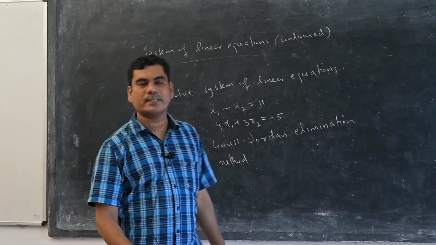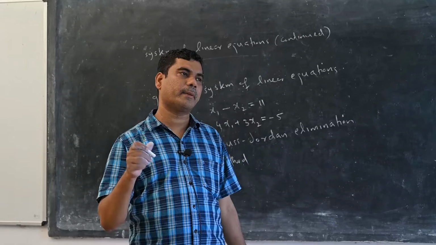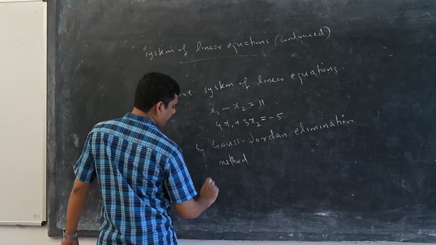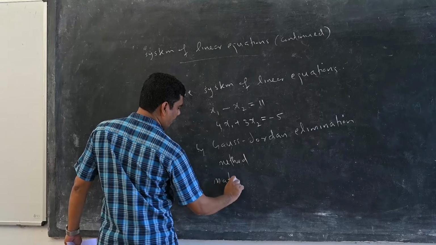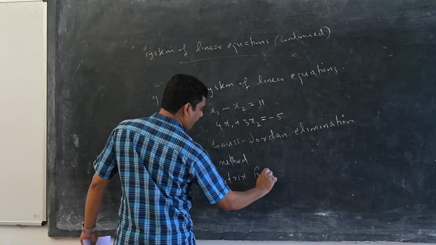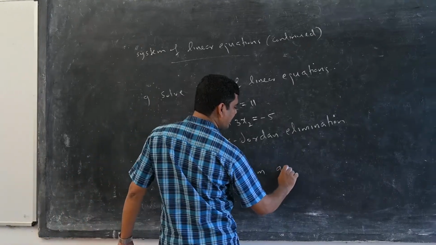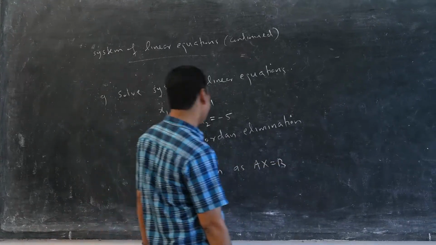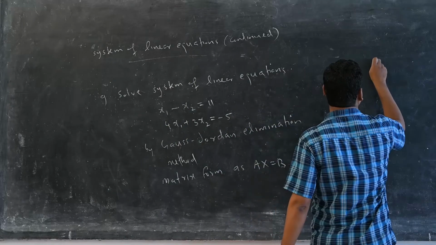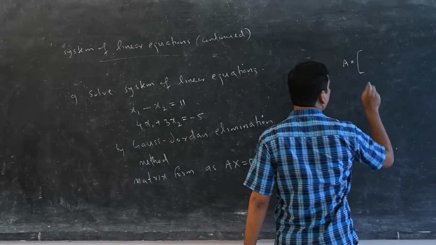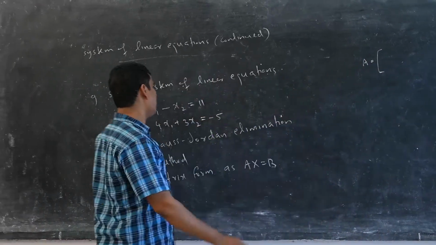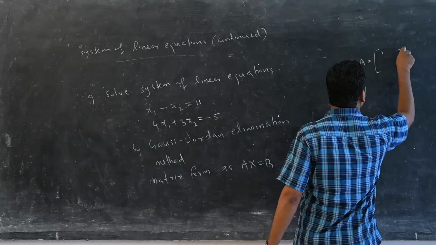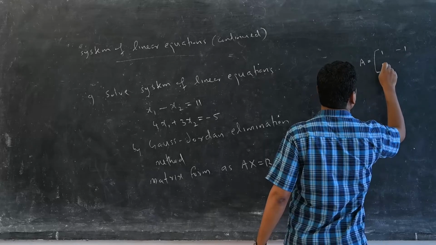First, this system of linear equations can be written in matrix form as Ax is equal to B. A is the coefficient matrix, 1 minus 1, 4 3.